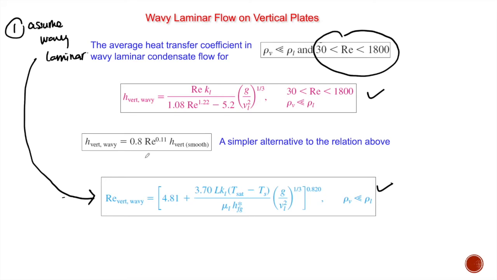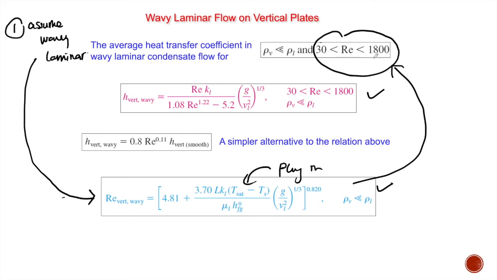If you assume wave free, then you go to Reynolds number wave free. So first you assume wavy lamina, go to Reynolds number wavy, and then plug in, substitute all the values, and get the value of the Reynolds number of your assumption. After you get your Reynolds number wavy, compare it to this. Is your Reynolds number in between 30 to 1800?